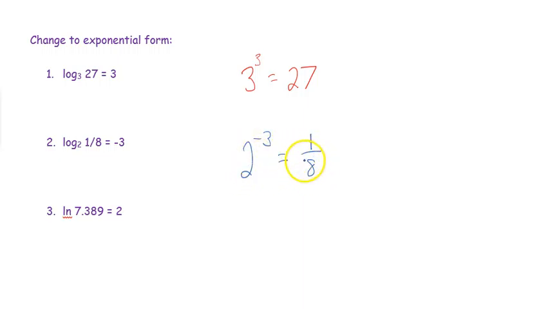So this statement makes sense. For the third example, I used a natural log. And so you have to remember that although they don't write the base there, the base on a natural log is E. So E, my exponent is 2, and then my answer is the 7.389. Just rearranging that statement.